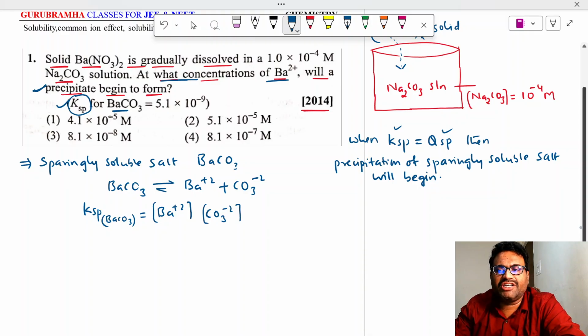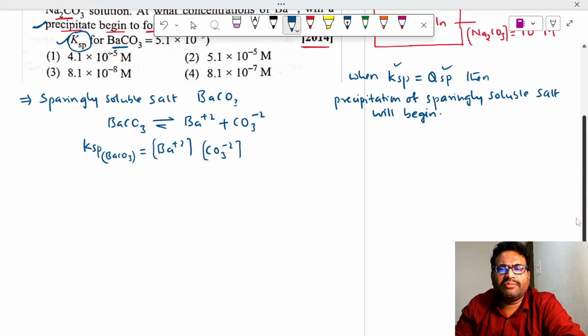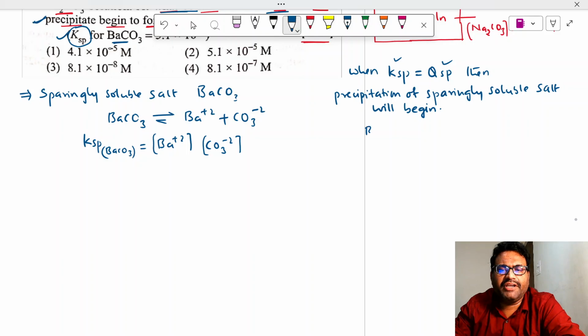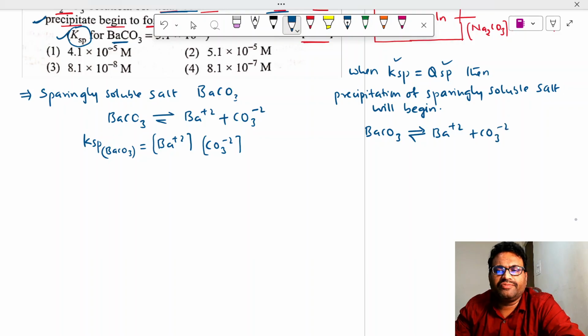Generally, we know that QSP is written at any stage of dissolving of the salt. So for the salt barium carbonate, BaCO3 gives rise to Ba plus 2 plus CO3 minus 2.